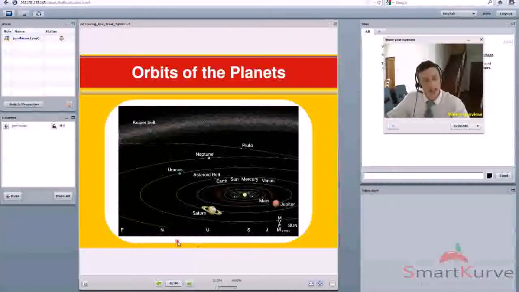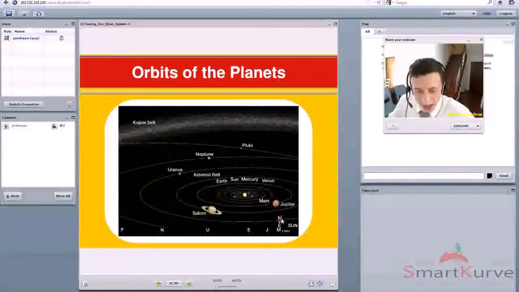Of course, this stands for Mercury, Venus, Earth, and Mars. You can see how close all of these planets are to the sun when we compare them to planets like Jupiter, Saturn, Uranus, and Neptune.